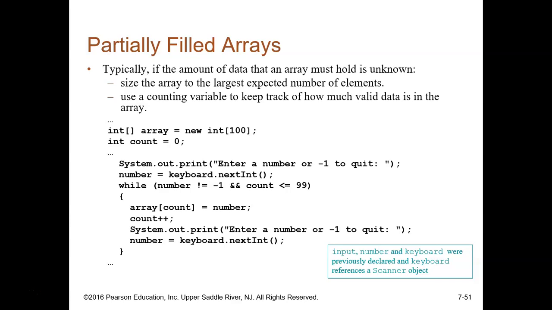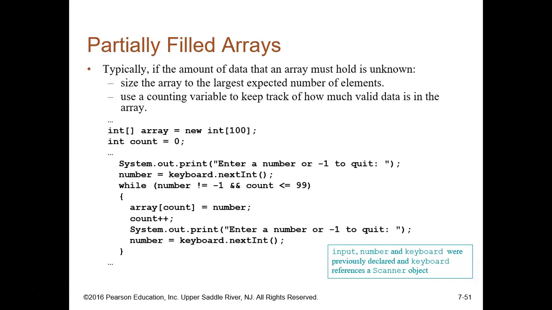So if you're writing a program and the user gets to fill the array, you have to try to guess at how big this array should be based on what the user might want to use it for. So this is why whoever wrote this code created an array of size 100, not knowing how large the user would want this array to be.